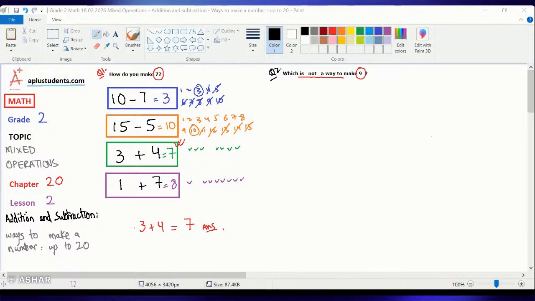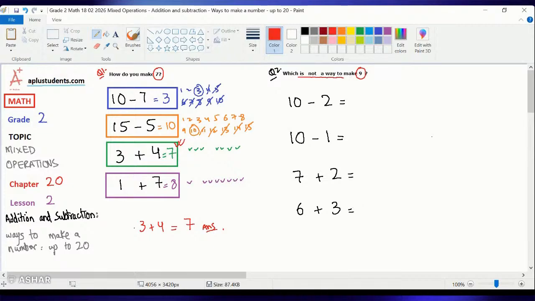2 additions and 2 subtractions: 10 minus 2, 10 minus 1, 7 plus 2, and 6 plus 3.